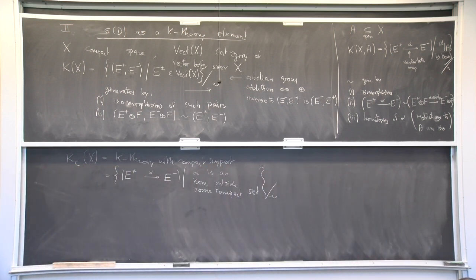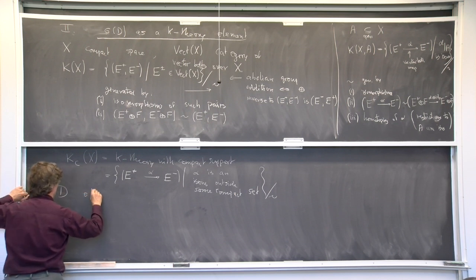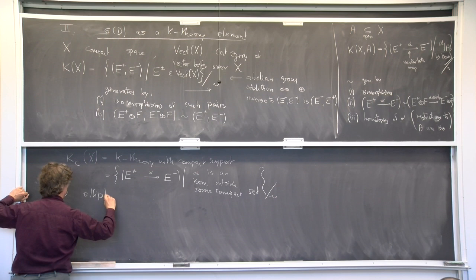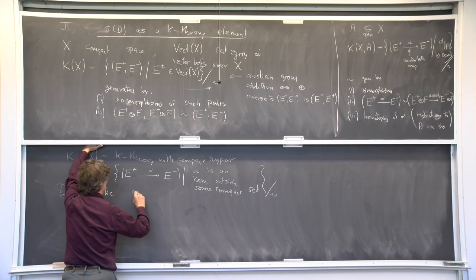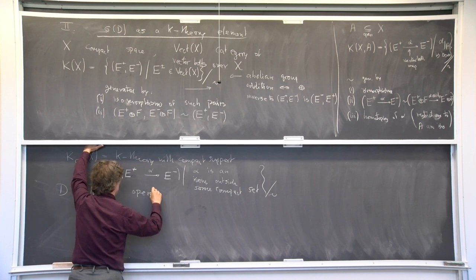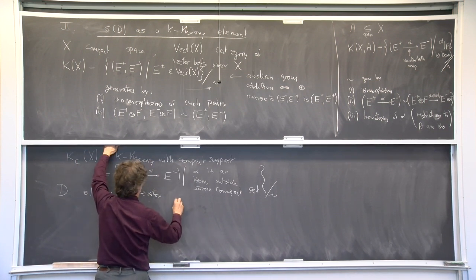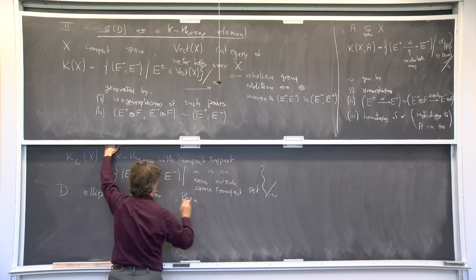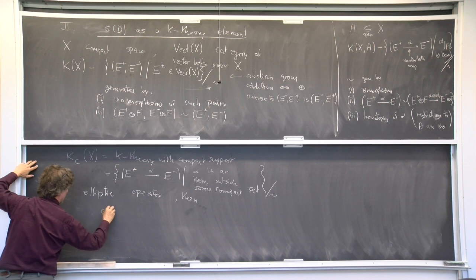Okay, so this is a very convenient way to think of this K group, right? Since now, if we have D, an elliptic operator, then we have our principal symbol, right?